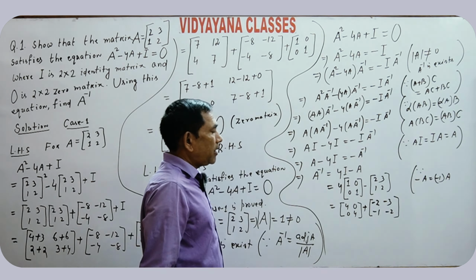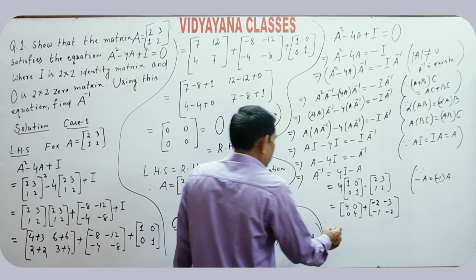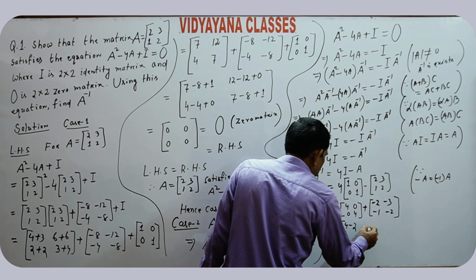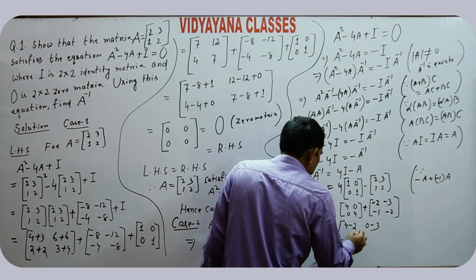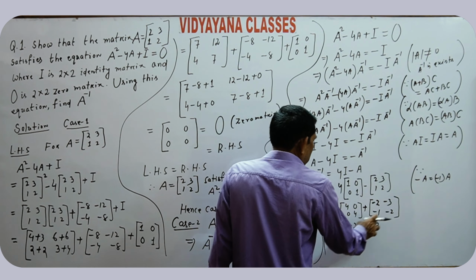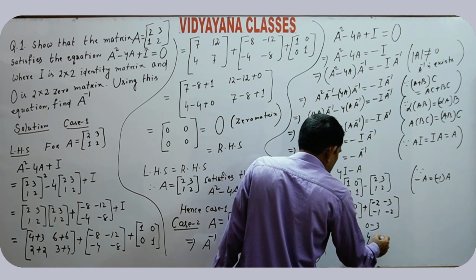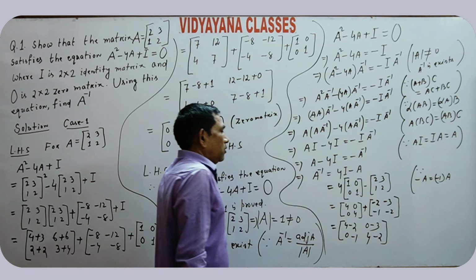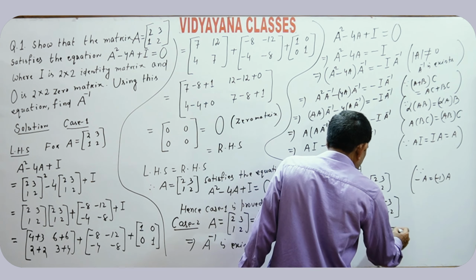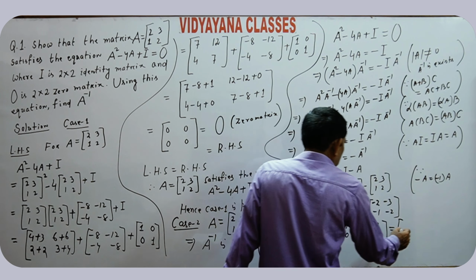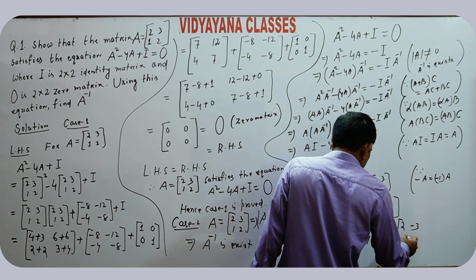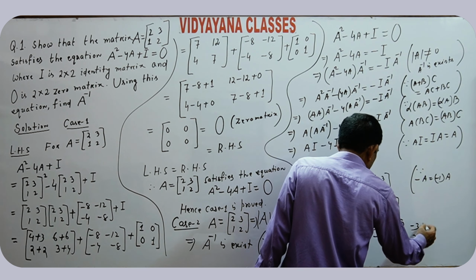Addition of two matrices is the addition of their corresponding elements, which is equal to 4 minus 2, 0 minus 3, 0 minus 1, 4 plus minus 2. 4 plus minus 2 is equal to 4 minus 2, which is the same as 2, minus 3, minus 1 and 2.